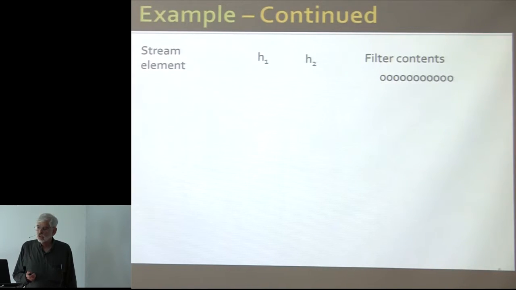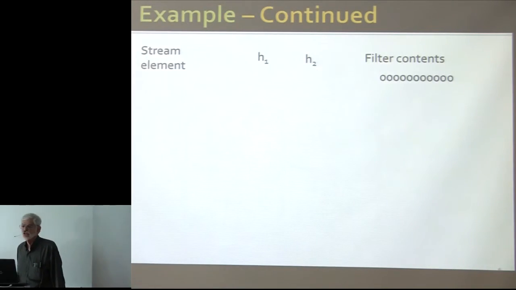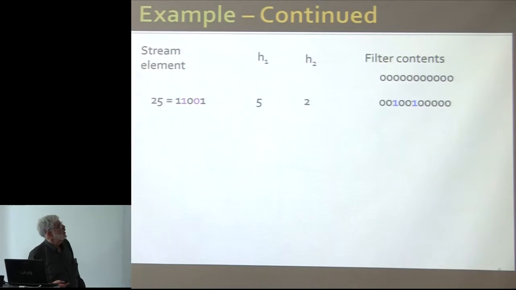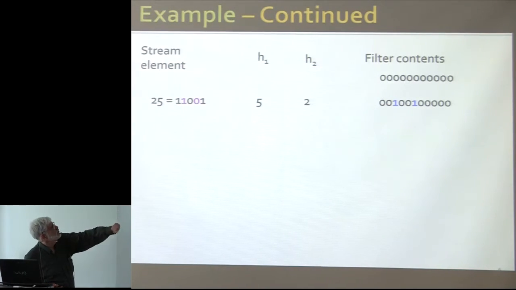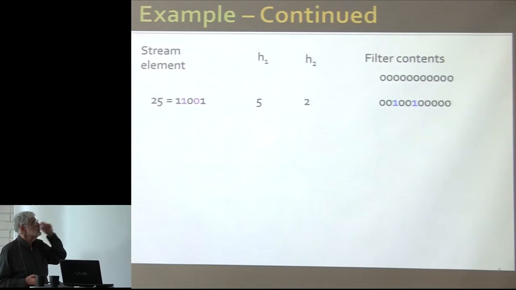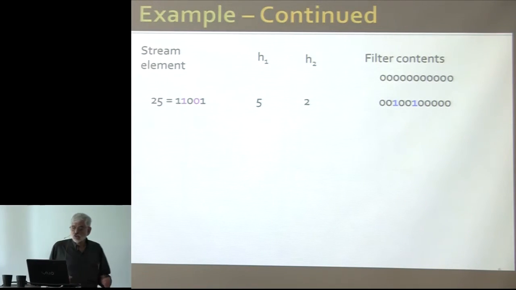So, this is the initial condition. The filter is 11 zeros. Now the number 25 comes in. What I've tried to do is show the even position bits in red and the odd position bits in black. So if you focus on just the black, that's what H1 gives you. That's 1, 0, 1. That's 5. 5 modulo 11 is still 5.